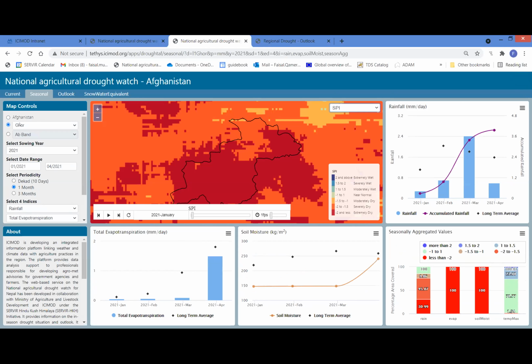You go to a particular area, for example Ghor province, and a particular year, for example this year, and I am selecting January to April. By the way, in Afghanistan, 80% of the precipitation happens between November and April.